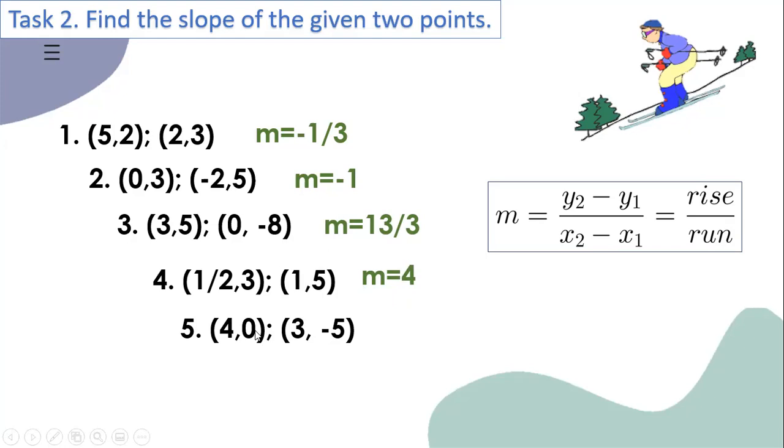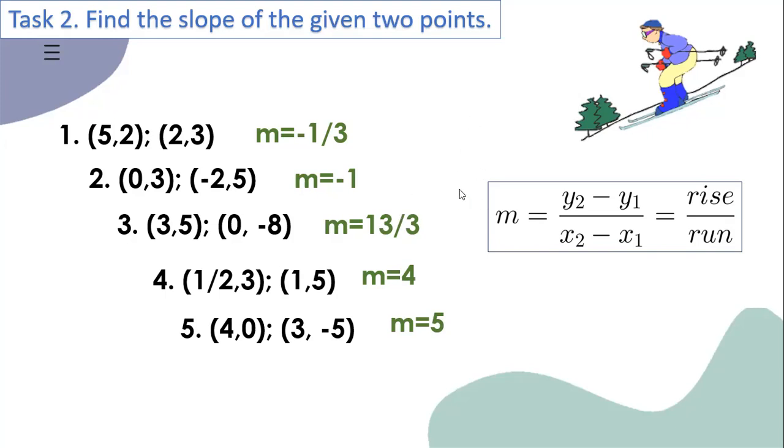We have (4, 0) and (3, -5). Okay, slope is equal to 5. Okay, so recall lang po yun. First, sa ating tangent line, and then second, ni-recall din natin about having the slope given 2 points.